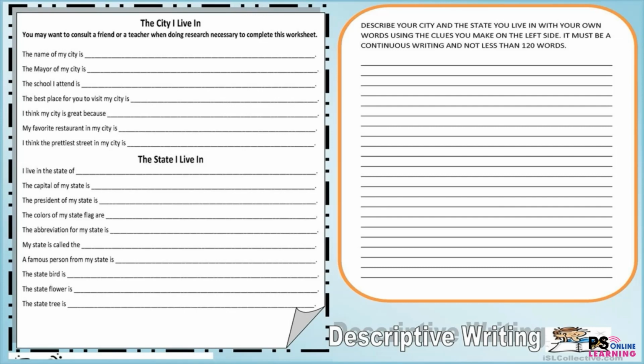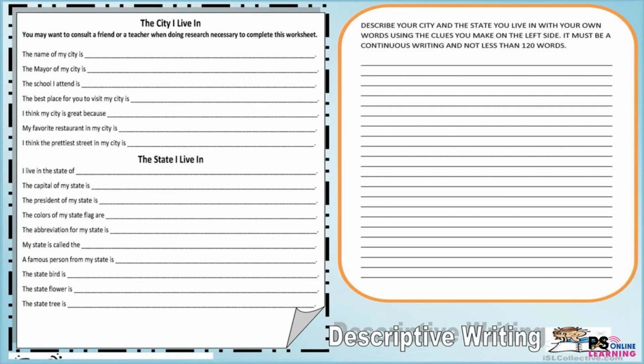I think my city is great because, they already started it for you, so you need to finish that sentence. Why do you think your city is great? Okay. My favorite restaurant in my city is, tell me the name of your restaurant.